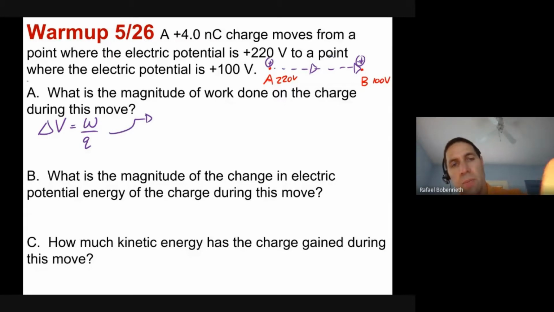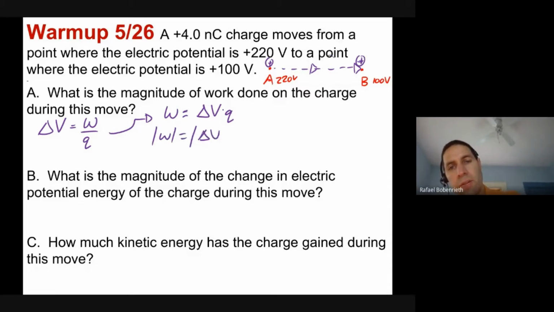I want to figure out the work done, so I'm going to rewrite this as work done equals delta V times Q. If we're looking for the magnitude of the work done, that just means I'm going to take absolute value signs on whatever I get, to make sure it's positive.